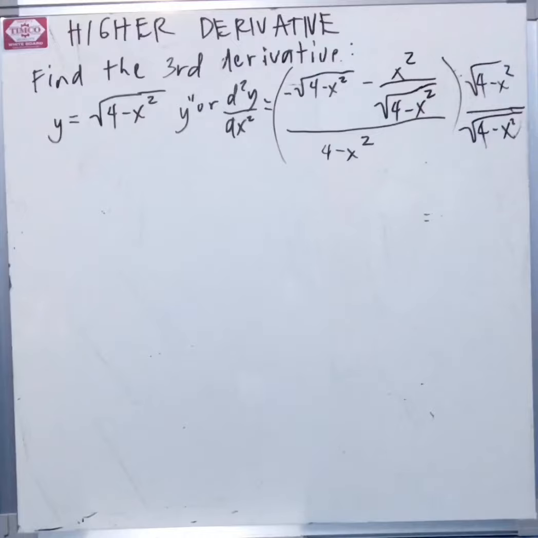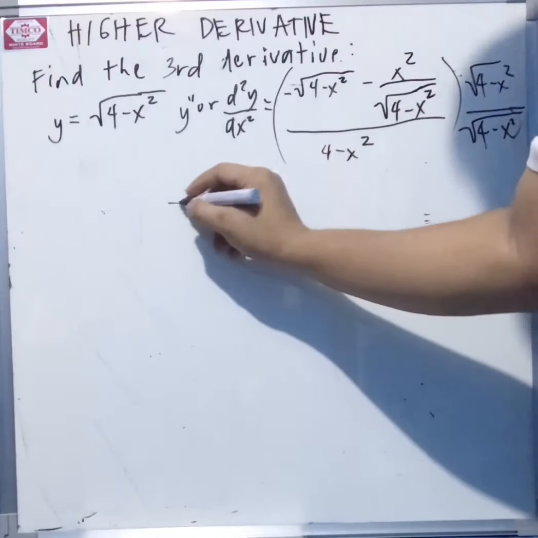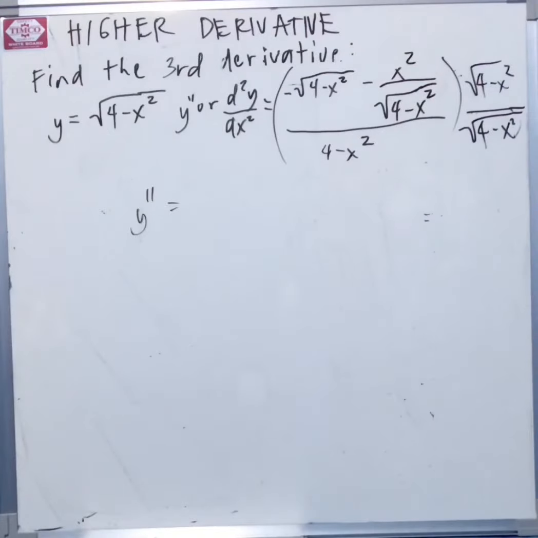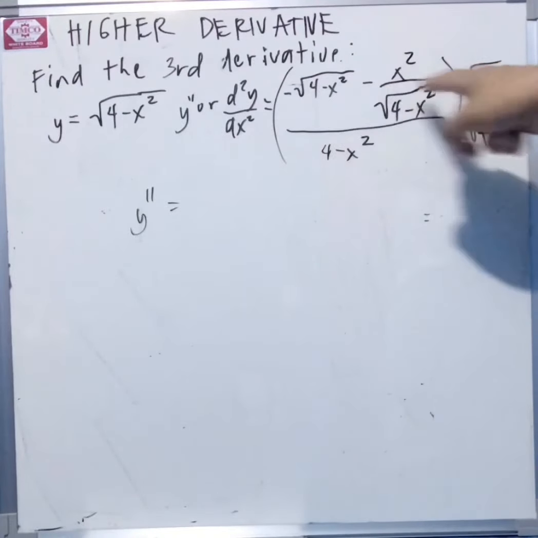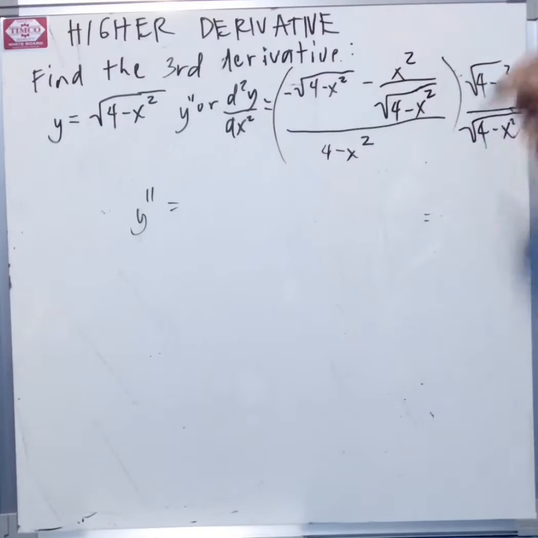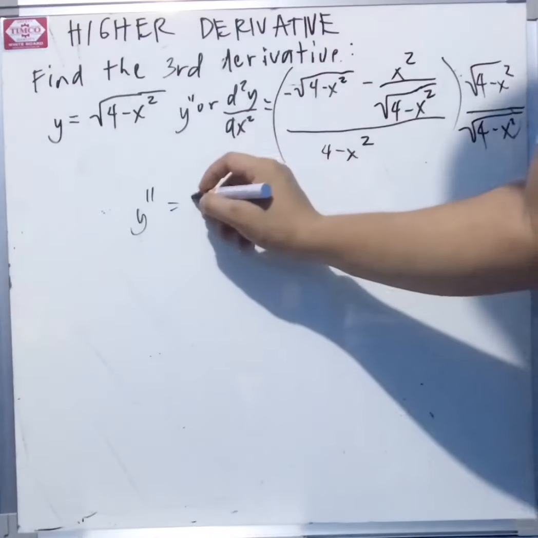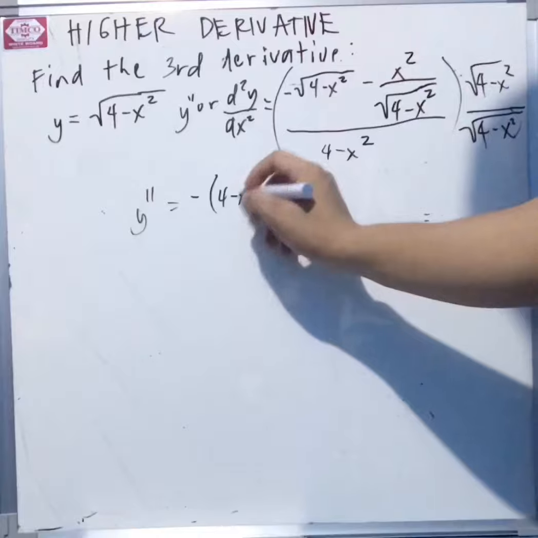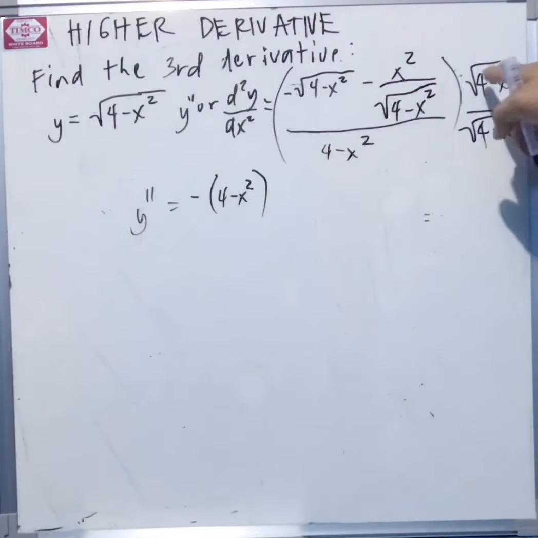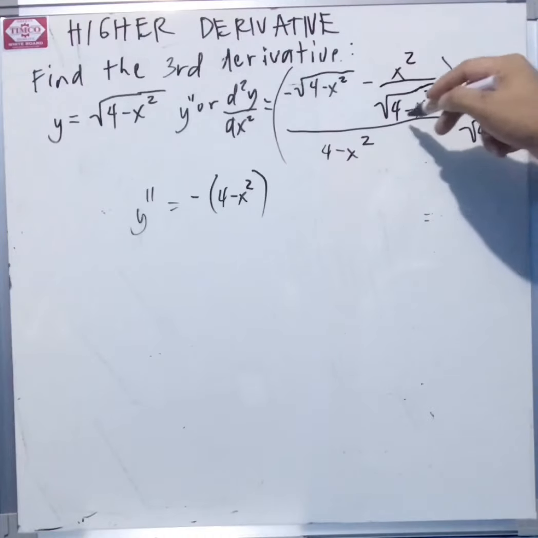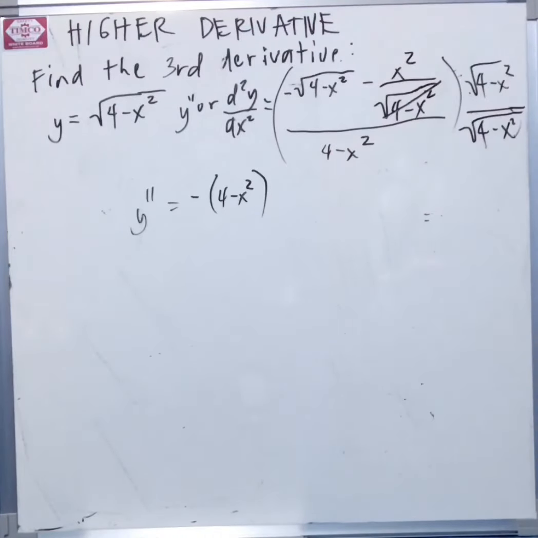Okay? So, ang lumabas dyan, ang makukuha natin dyan is, pag minultiply mo ito doon, so we have, mawala yung ating radical, no? So, yung square root. So, negative times 4 minus x squared, no? And pag multiply mo naman ito dito, so, mawawala itong nasa denominator kasi cancel out lang ito, no?